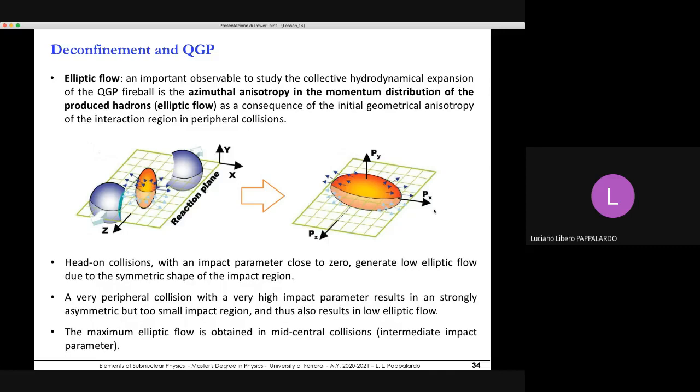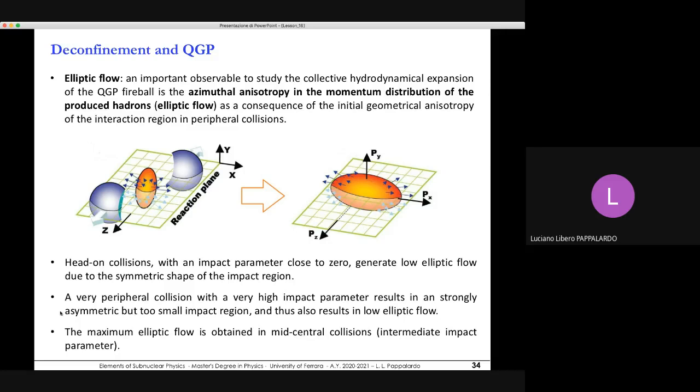Of course, if your collision is head-on, so perfectly central, then the impact parameter will be close to 0, and this will generate a very low elliptic flow because of the symmetric shape of the impact region in the initial state.